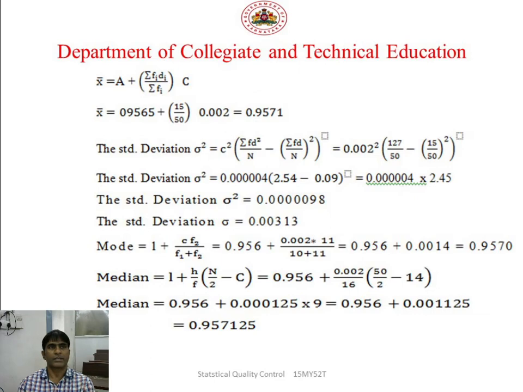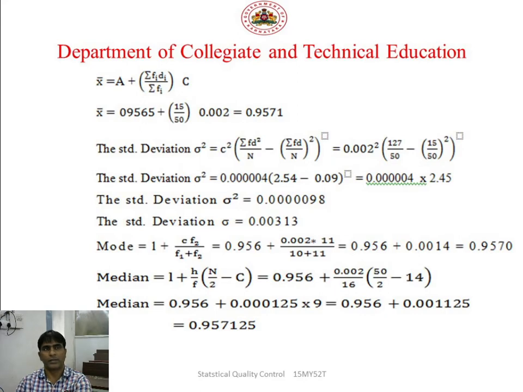Next, median: L plus H by F, in bracket N by 2 minus C. So 0.956 plus 0.002 by 16, in bracket 50 by 2 minus 14. So median is 0.956 plus 0.00125 into 9.